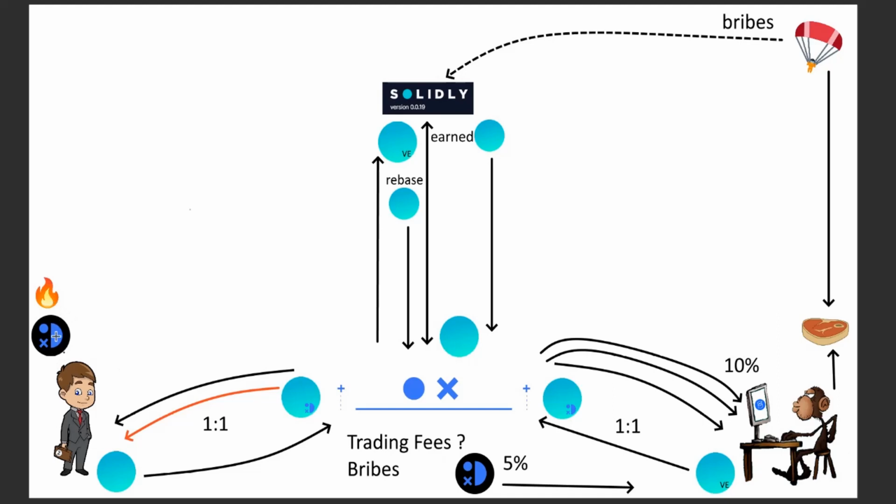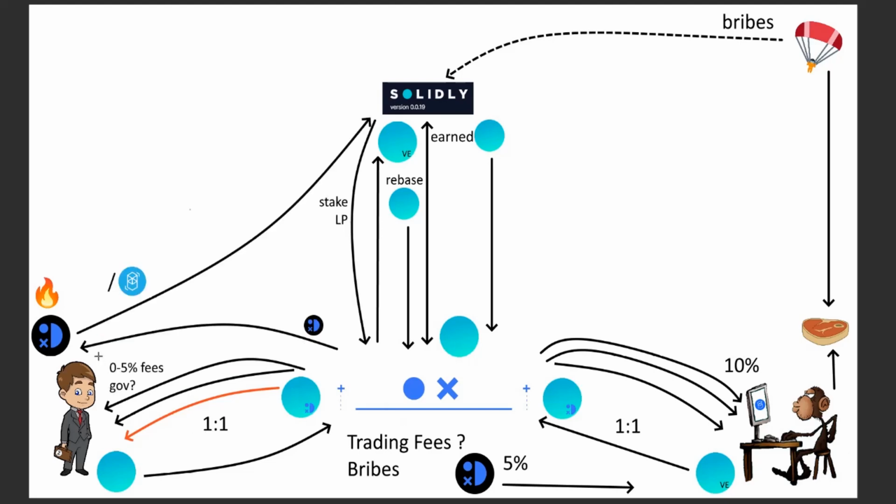So the first option you can do is burn them for more oxSolid. So you could just burn your tokens and get some oxSolid in return, and then decide what you want to do with the oxSolid, okay? Now, the other option you could do is you could provide liquidity versus Phantom on Solidly.